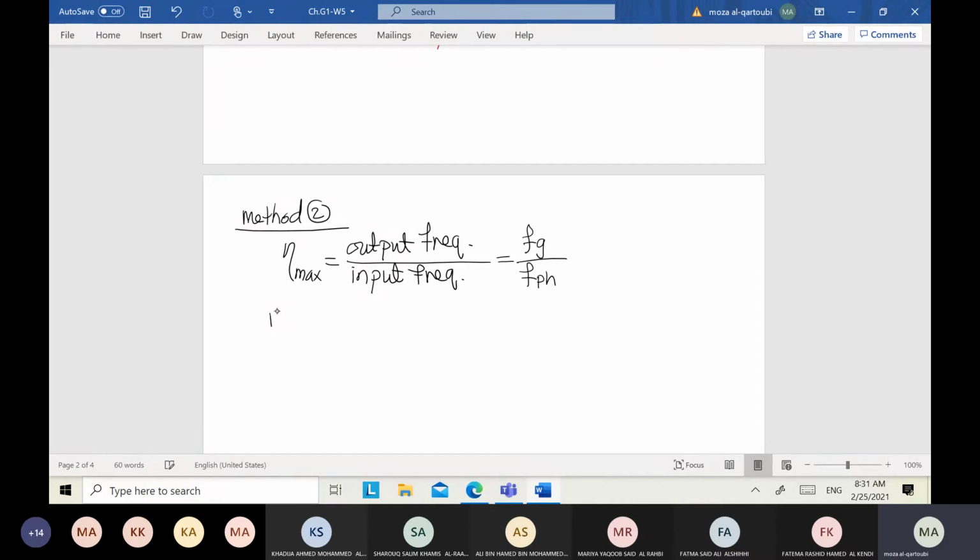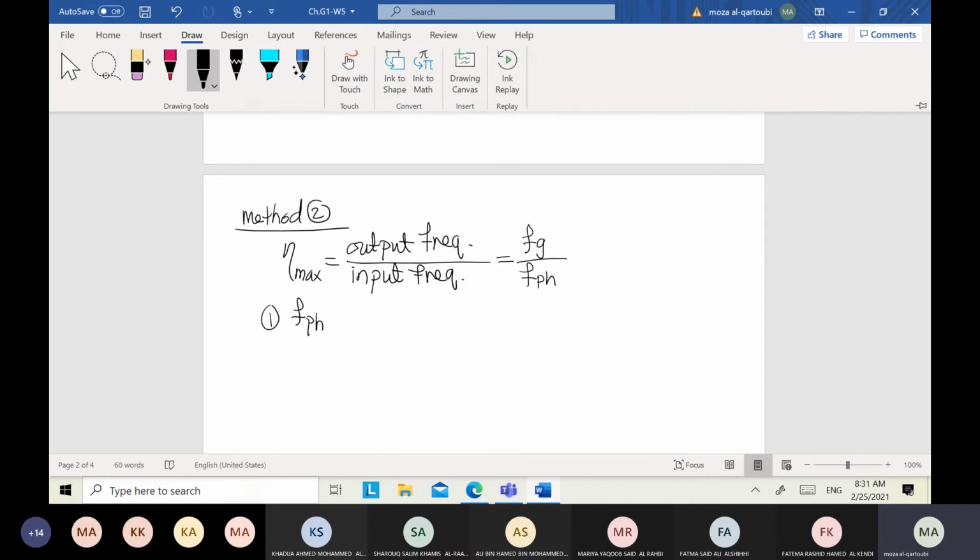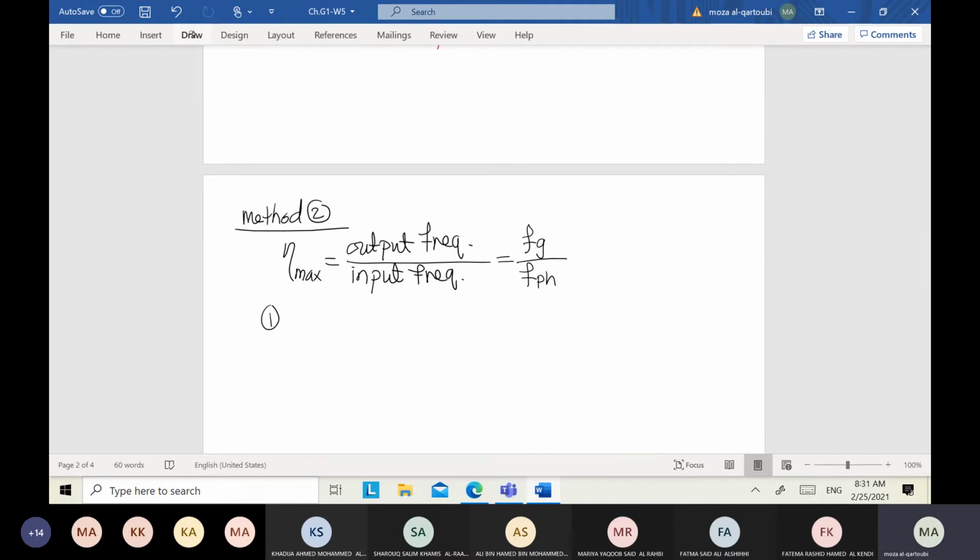So step number 1: we need to find F, for example, of the photon, starting from the input. Written here, input frequency F of photon. How to find this value?